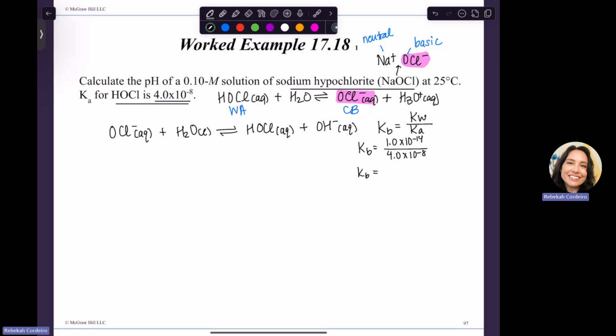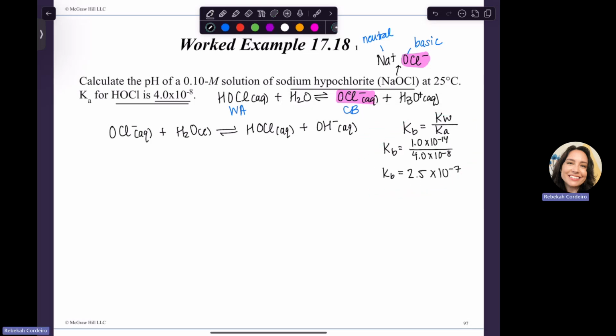So the K for this reaction is not just the Ka, so you've got to be careful because if you're not doing an acid reaction, you can't use Ka. If you're using the conjugate base of that acid, you've got to figure out what the Kb is. So we get 2.5 times 10 to the negative 7.